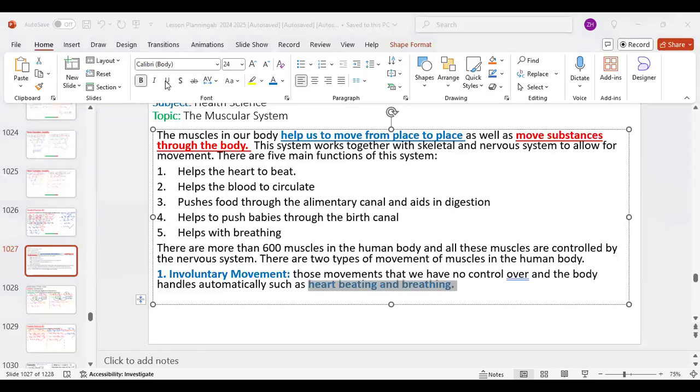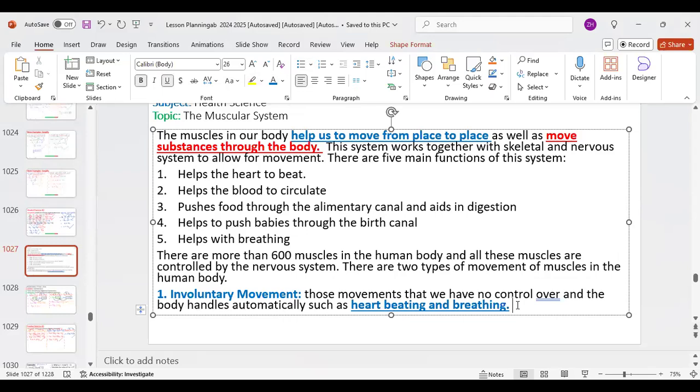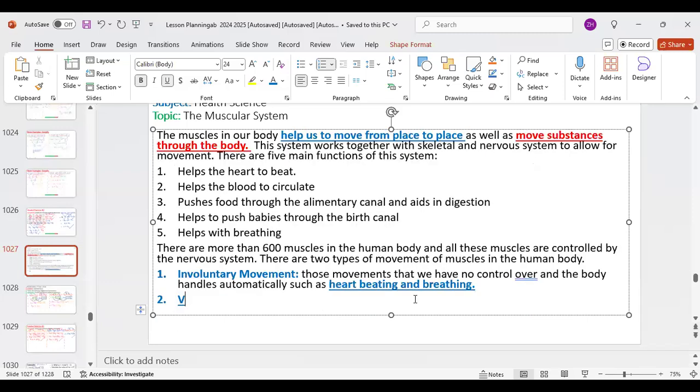All right, so let me just be clear about that. And those cardiac muscles, they are involuntary muscles. Like they just operate involuntarily. And it's a good thing that breathing and heart beating happen involuntarily, because otherwise when you're sleeping, you would die.